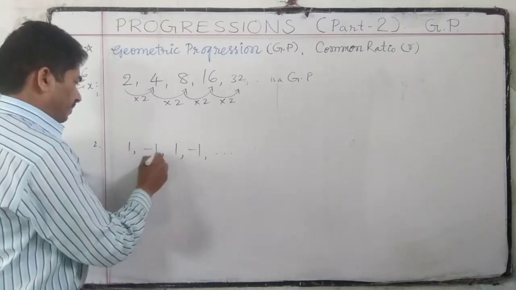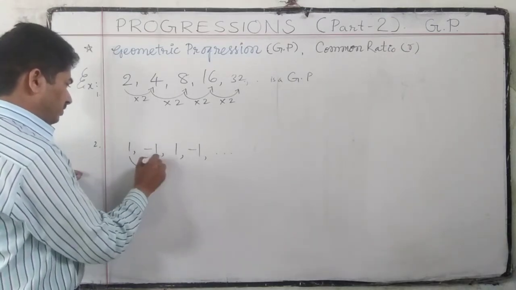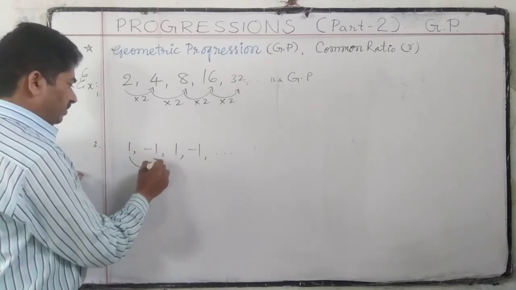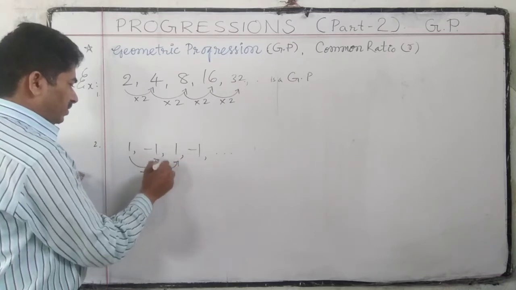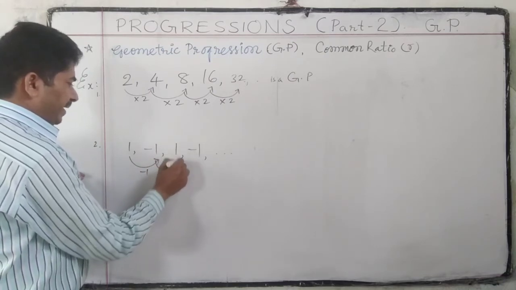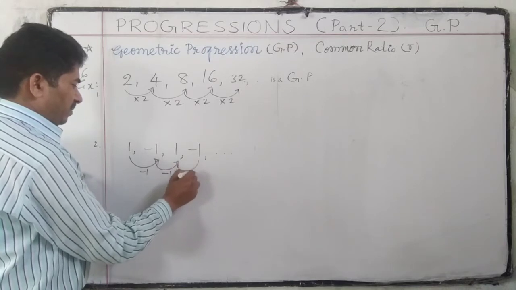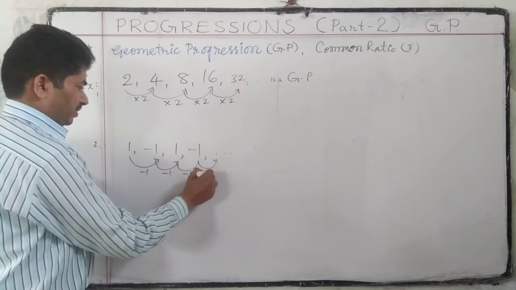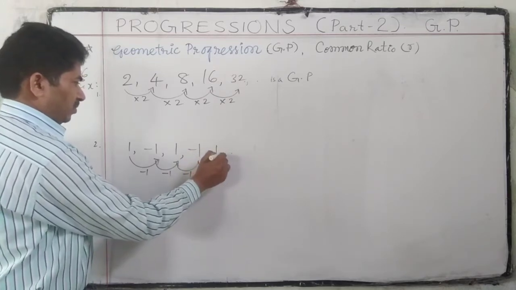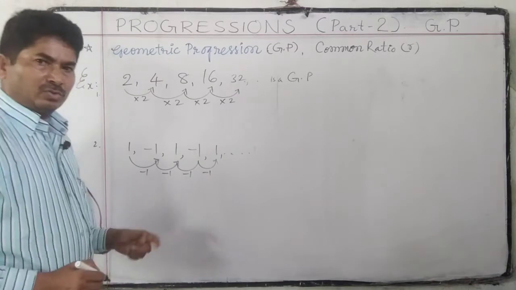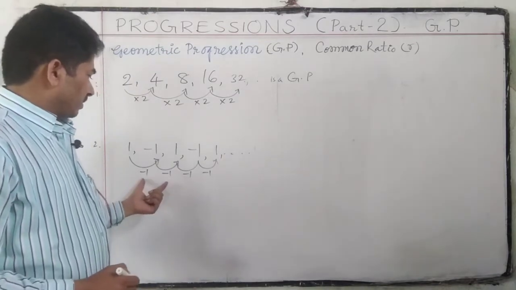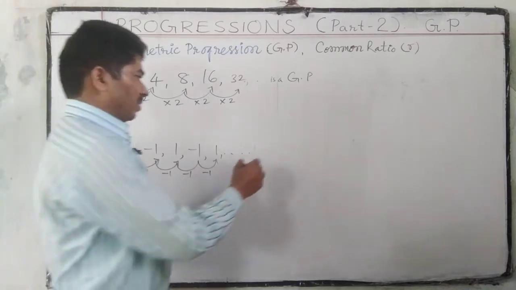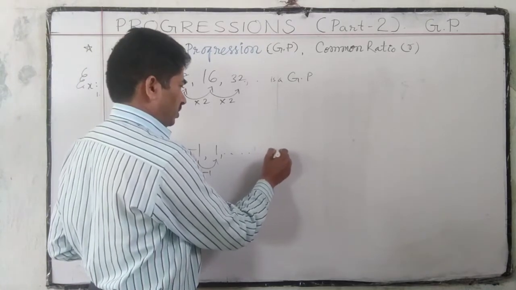Here we are multiplying by a fixed number, that is minus 1. 1 times minus 1 is minus 1, minus 1 times minus 1 is plus 1, plus 1 times minus 1 is minus 1, and we get the next number, minus 1 times minus 1 is plus 1. Like this it will continue. So minus 1 is the fixed term, so that's why this is also a geometric progression.